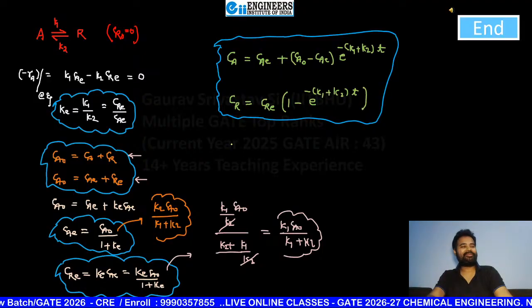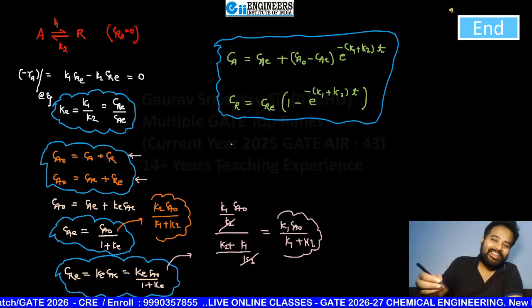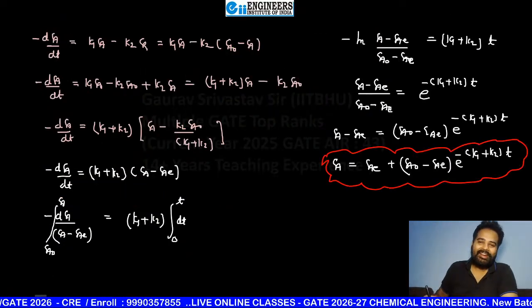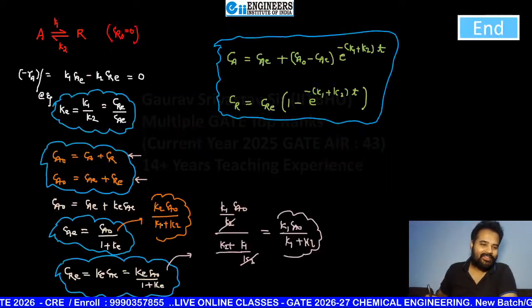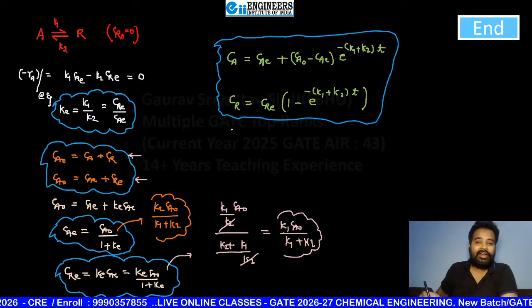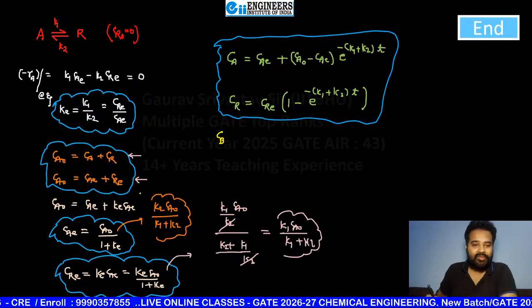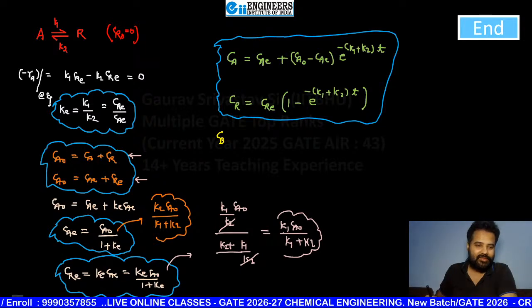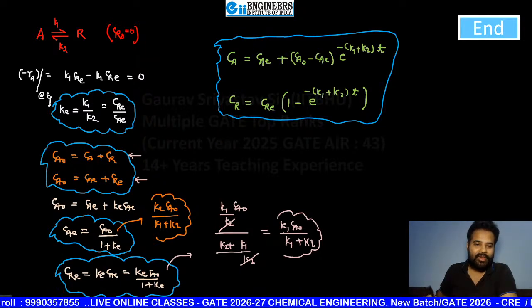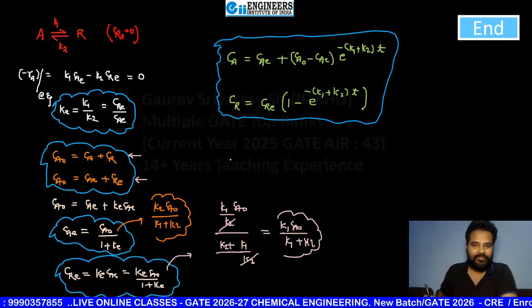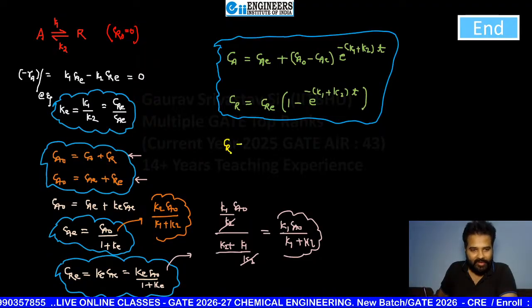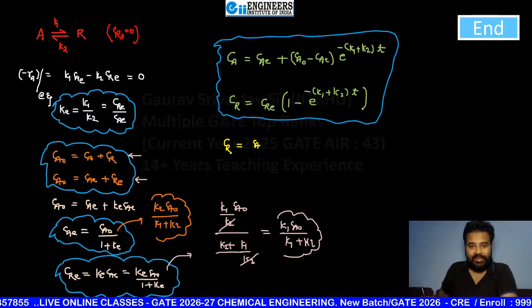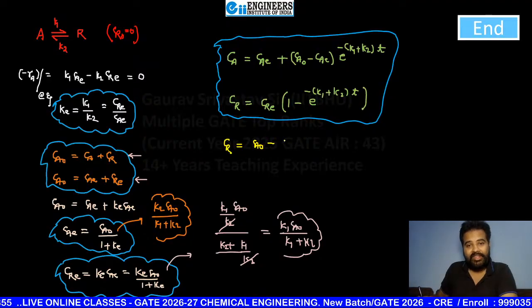Yes, Susmit Nandi, absolutely correct. But I can't give you more time. Okay, see here, beta. You can write CB. Sorry, again I'm writing CB. You can write CR as CA naught minus CA.